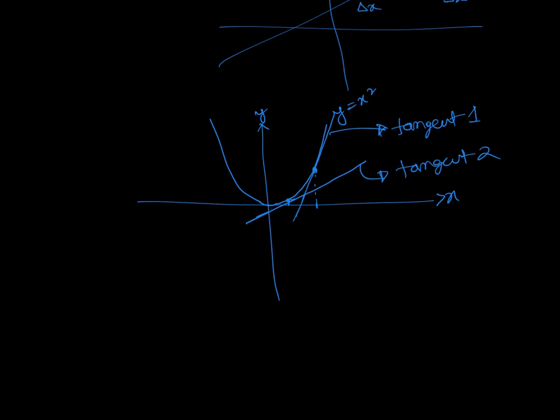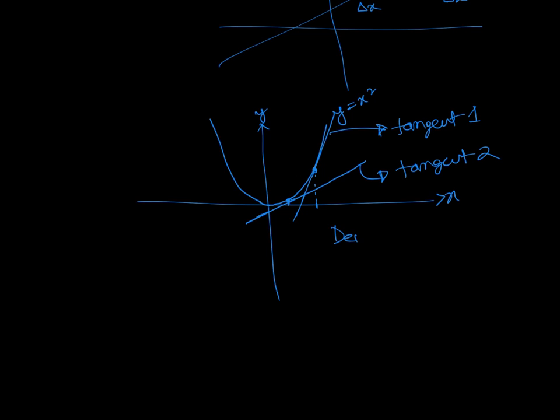So to figure out a general formula for the gradients of a curve, we need an equation to represent this gradient. And that equation which represents the gradient of a curve at particular points is what we call a derivative, right?